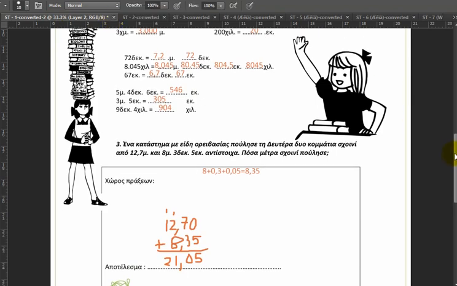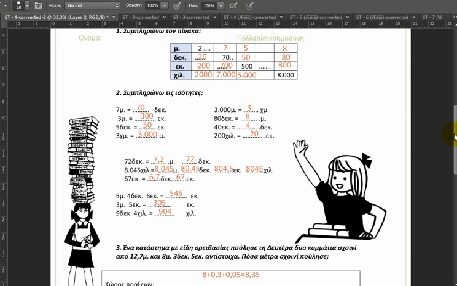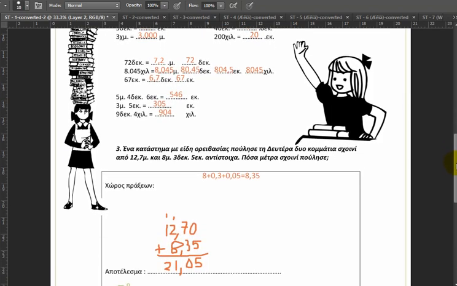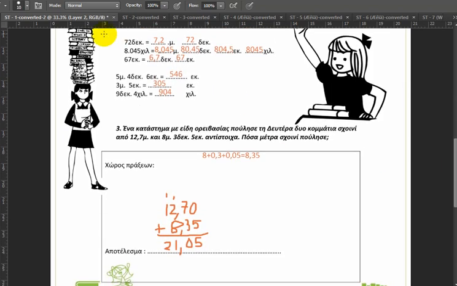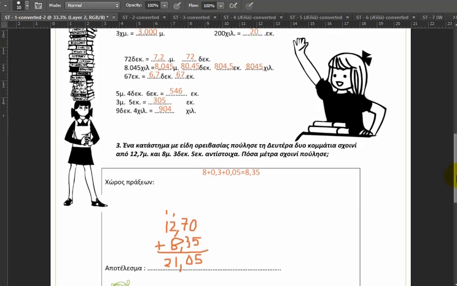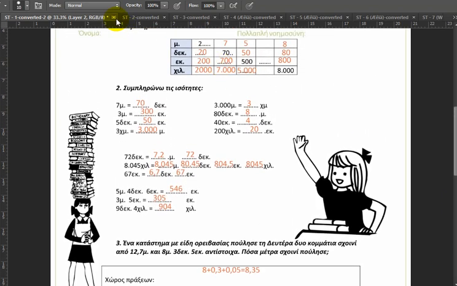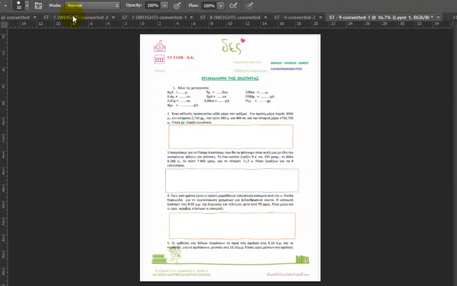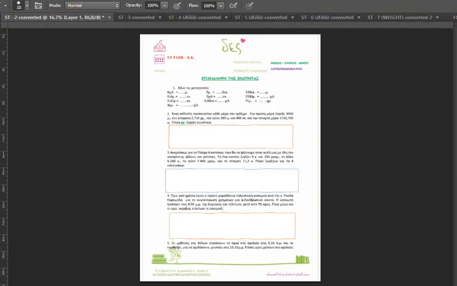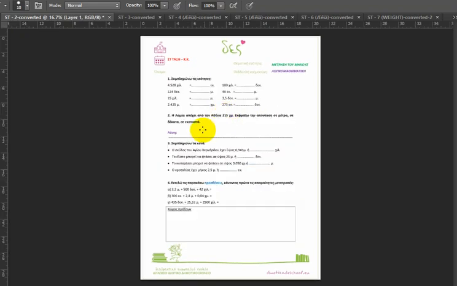Make sure, if you want to check something, if you did it correctly, you should be checking along with me. But in case you didn't have time, just go back in the video a little bit to the point where I did it, and you can find the solution there. Okay, so let's move on to this one. Okay, here we go.